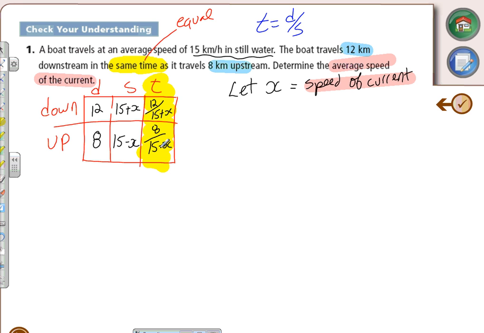And now we have an equal, so we're saying equal time. That means these two boxes are equal. Pull those out and make them equal. 12 over 15 plus x equals 8 over 15 minus x.